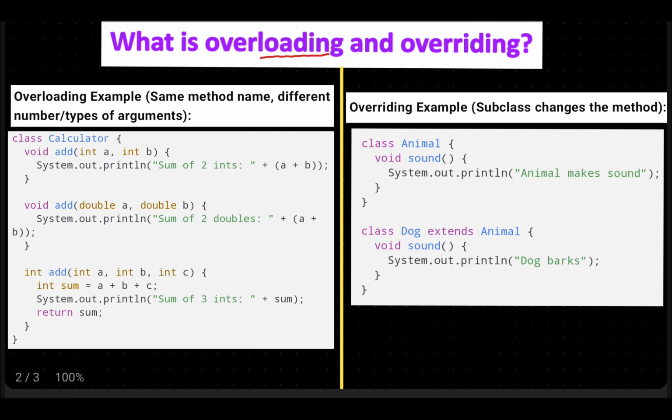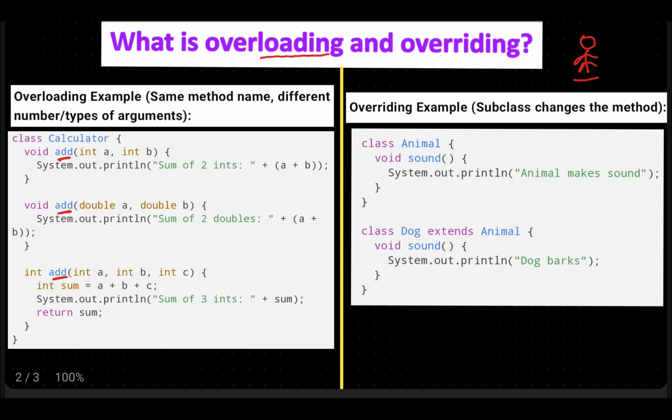Look, we shall go for a very simple example. In our normal human world, there are many humans who have the same name, like Rahul or something. Even in computers, there are methods with the same name. Look, add. The same method name is repeating many times.